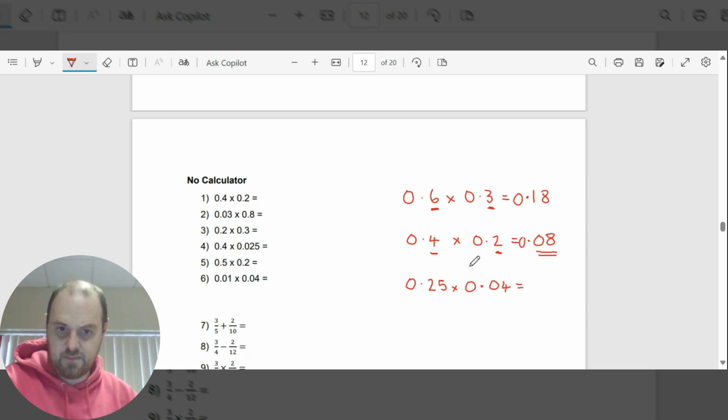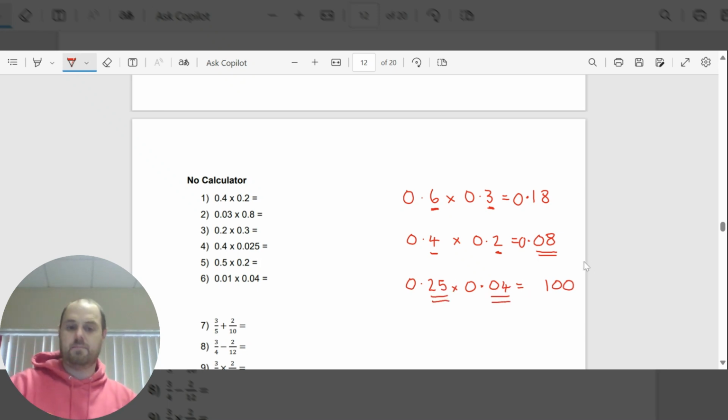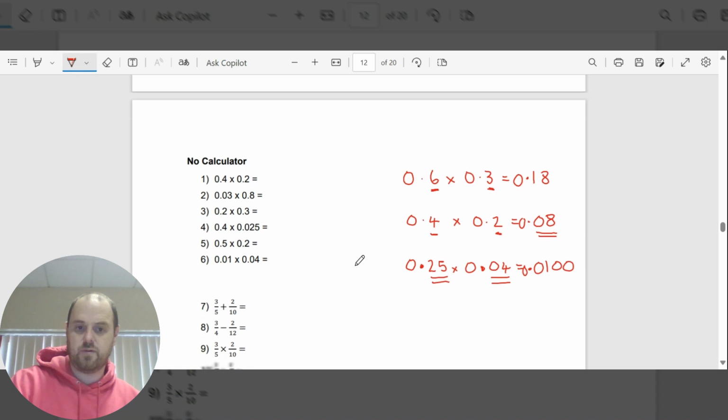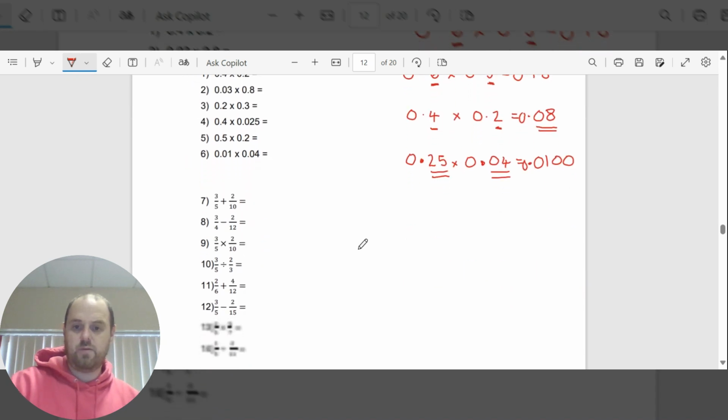We've got something very similar there, I suppose. 4 25s are 100. Okay, but I need 1, 2, 3, 4 numbers after the point. 2 there and 2 there. If I jump back 1, 2, 3, I'm going to need an extra 0 to make it 4 digits. Then put the point and the extra 0 in there. So try those.